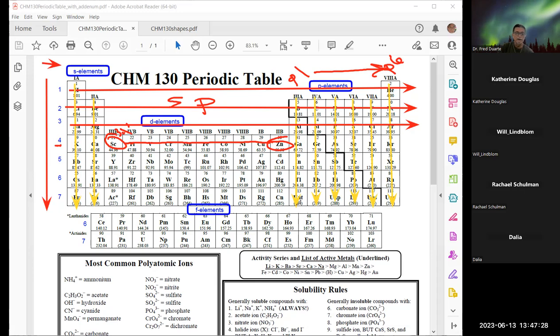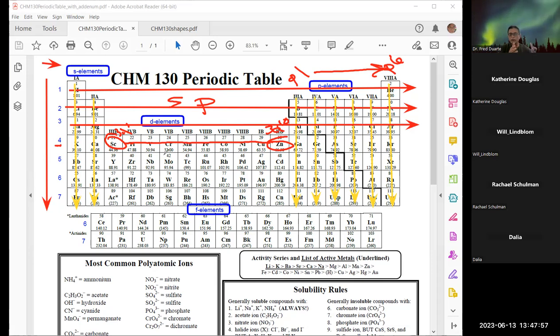So actually starting with number 21 for the d elements, it would be 3d1. Sorry, my pen is not doing so good. And 3d10 as you go across the periodic table from Sc to zinc, okay? And that's just the nature of the beast, that those orbitals are one less energy value than the level that they exist in, okay?